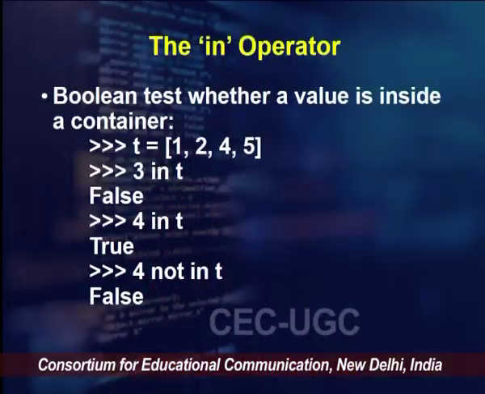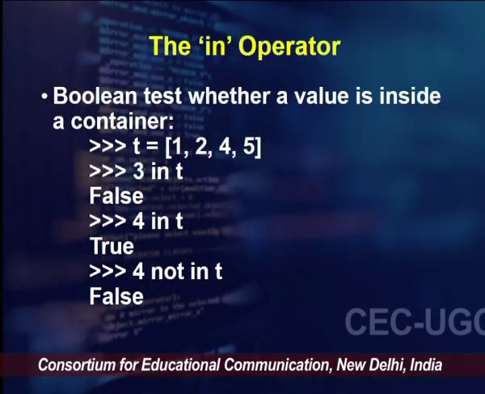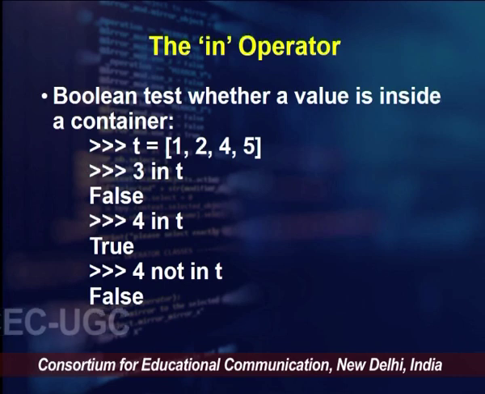Then you can also have a not in operator, which gives the reverse of the in operator. If you say 4 is not in T, because 4 is in T, it is going to give you false, because not true gives false. In case of strings, you can check for a substring also.